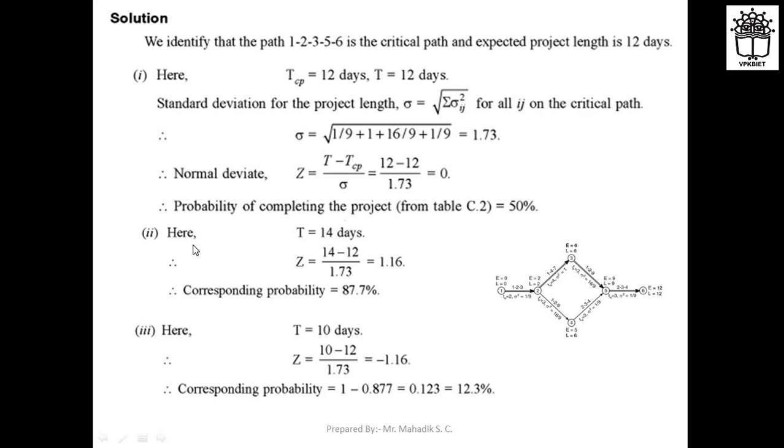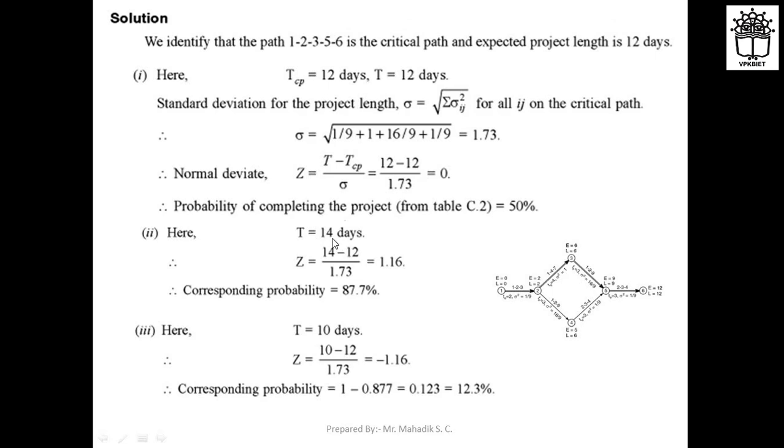Okay, so for 14 days, let us see the second case. Here T will be 14 days, so we put the value of T as 14. TCP is the critical path, which is 12 days. So 14 minus 12 divided by 1.73, sigma again being common, that is 1.73. Here we are getting a value of 1.16, so z is equal to 1.16.